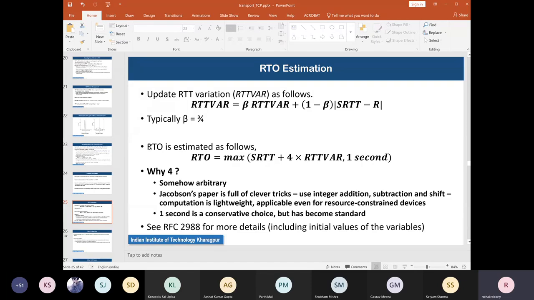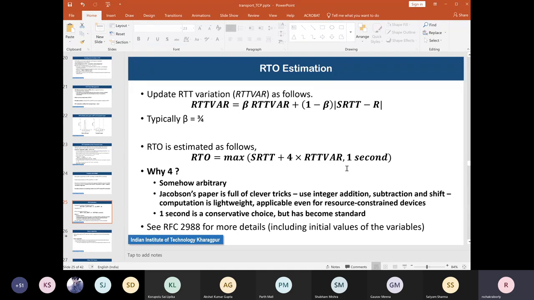And then the round trip timeout interval is set to the maximum of SRTT plus 4 times RTTVAR, and 1 second. So it is at least 1 second. This is a convention which TCP follows. This is a slightly conservative estimate, but this is widespread.